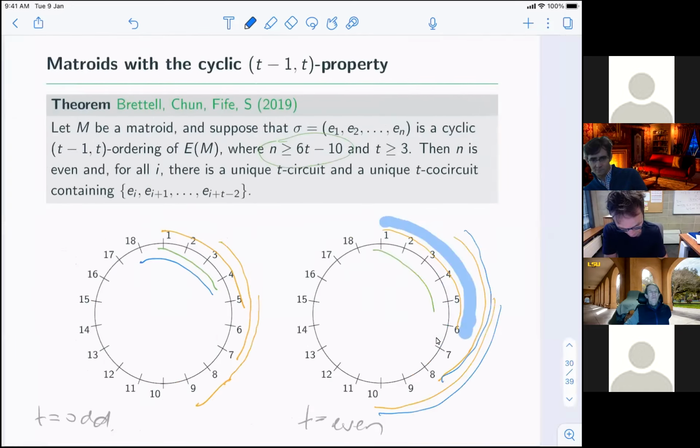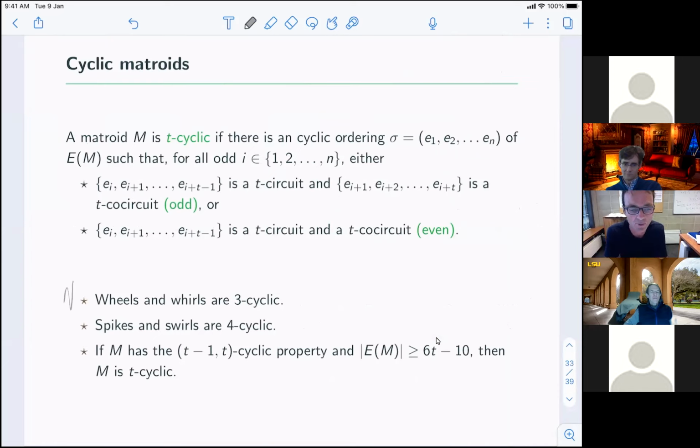So think of wheels and whirls, and the even one. So your even T-cyclic, if the T circuits and the T co-circuits coincide, so your spikes or swirls. So here's one, a 3-cyclic: wheels and whirls, so that the T circuits and the T co-circuits are offset by 1. The spikes and swirls, the T circuits and the T co-circuits coincide.